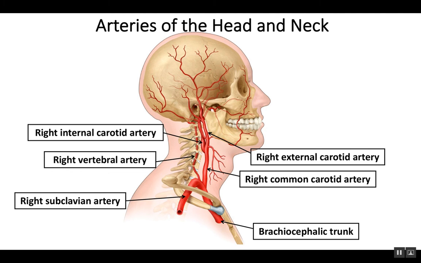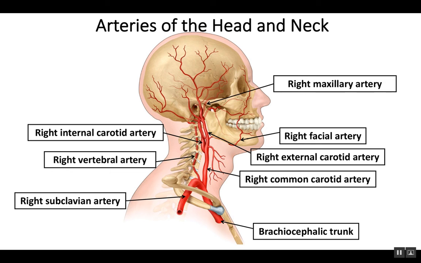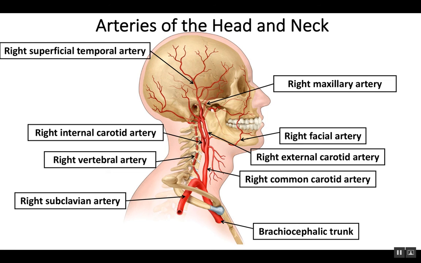And that external carotid has branches known as facial artery, maxillary artery, superficial temporal artery, and even occipital artery, this one at the back of the skull. So you'll notice all these arteries are named very logically based on where the artery is located.